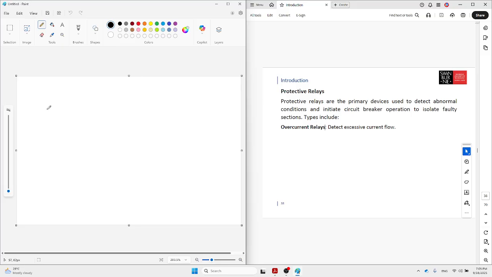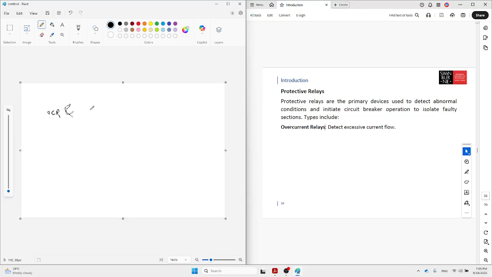So now the question is, what is the major difference between the overcurrent relay and the MCB, miniature circuit breaker?